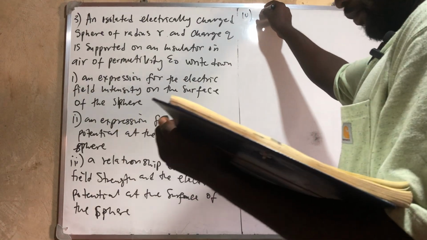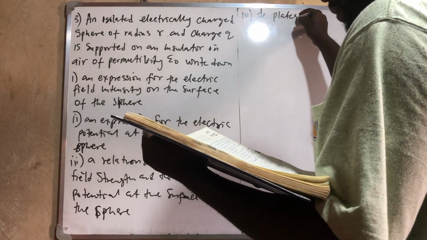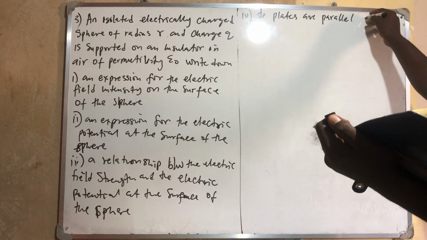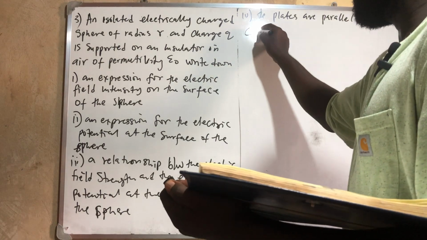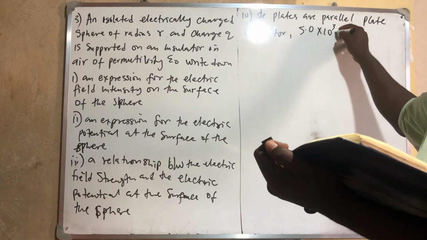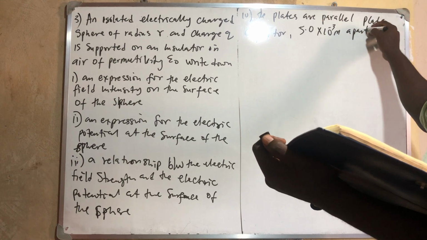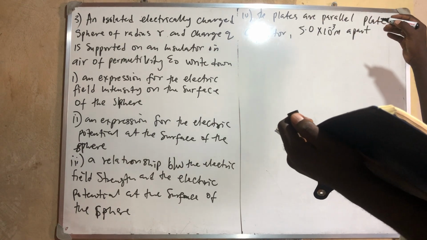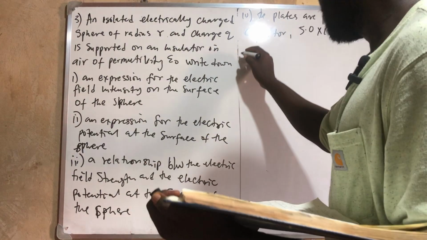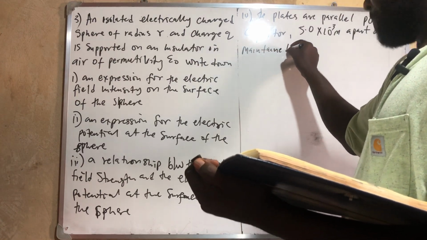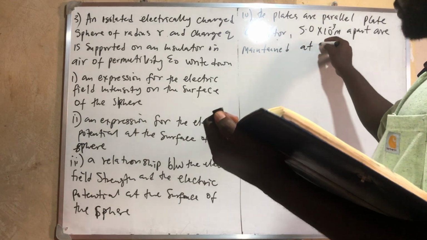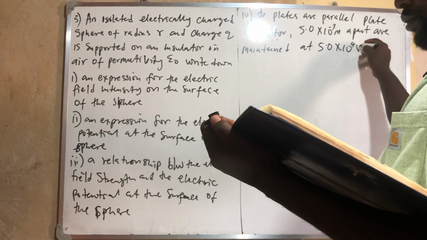They said the plates are parallel plate capacitor, 5.0 times 10 raised to power minus 3 meters apart, are maintained at 5.0 times 10 raised to power 4 volts.